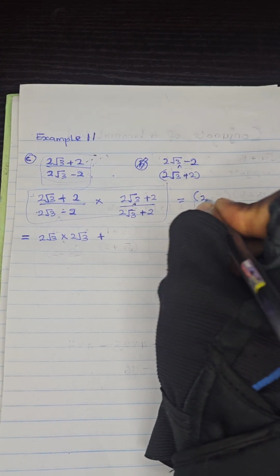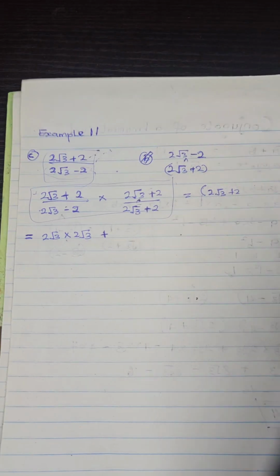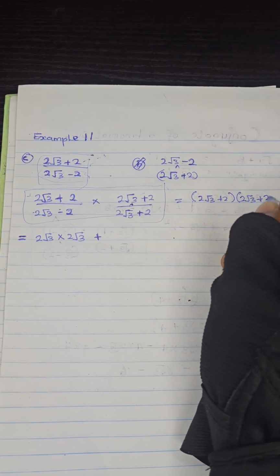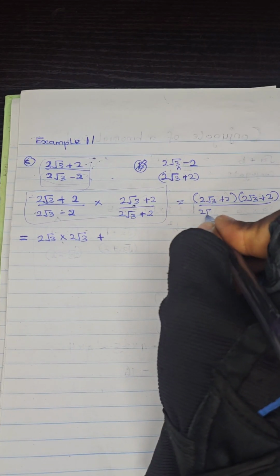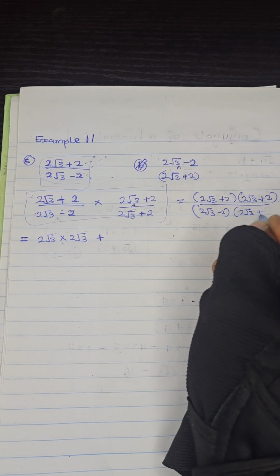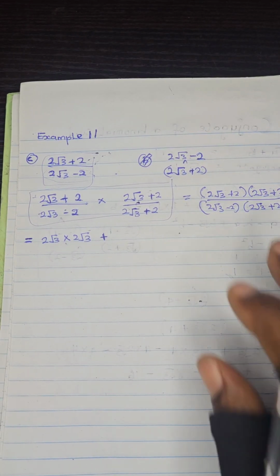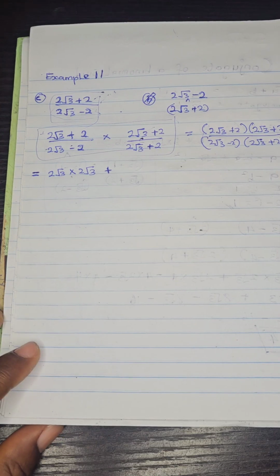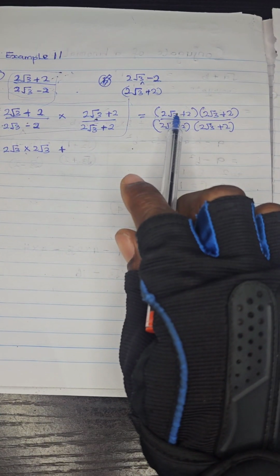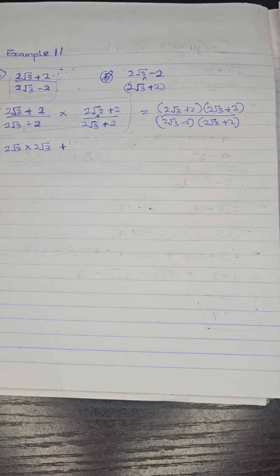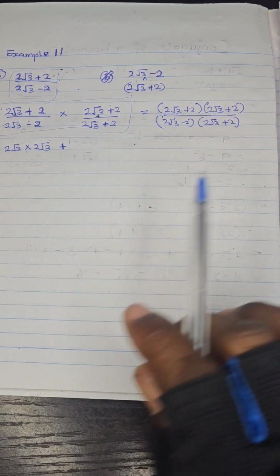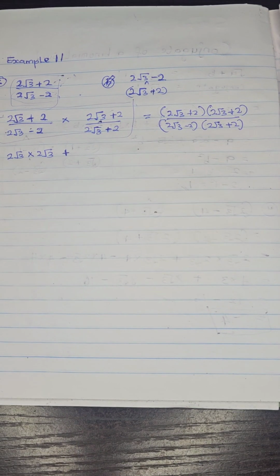This is equal to 2 root 3 plus 2, 2 root 3 plus 2, all divided by 2 root 3 minus 2, 2 root 3 plus 2. By seeing it in this form, you can now remember that we are solving the multiplication we did in the last class. So let me continue.